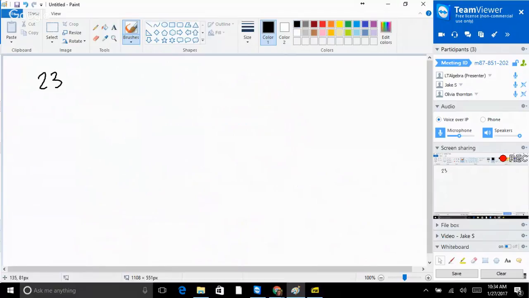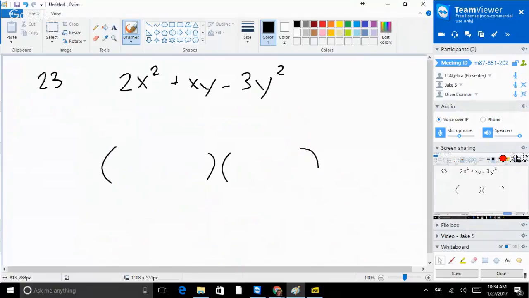Okay, so number 23 is 2x squared plus xy minus 3y squared. Ugh, right? And we want to factor, all we're doing, all these sections, factor, factor, factor. Okay, so what do we have to do?